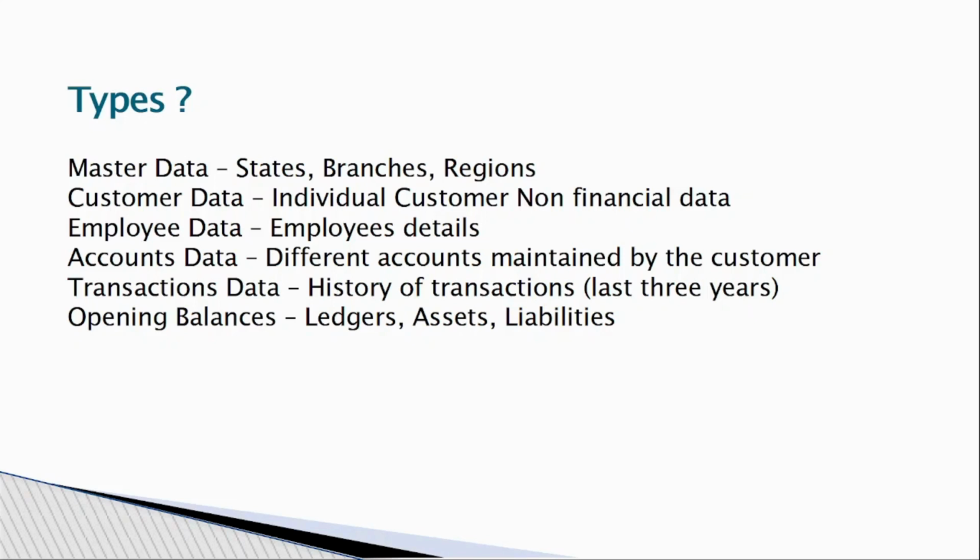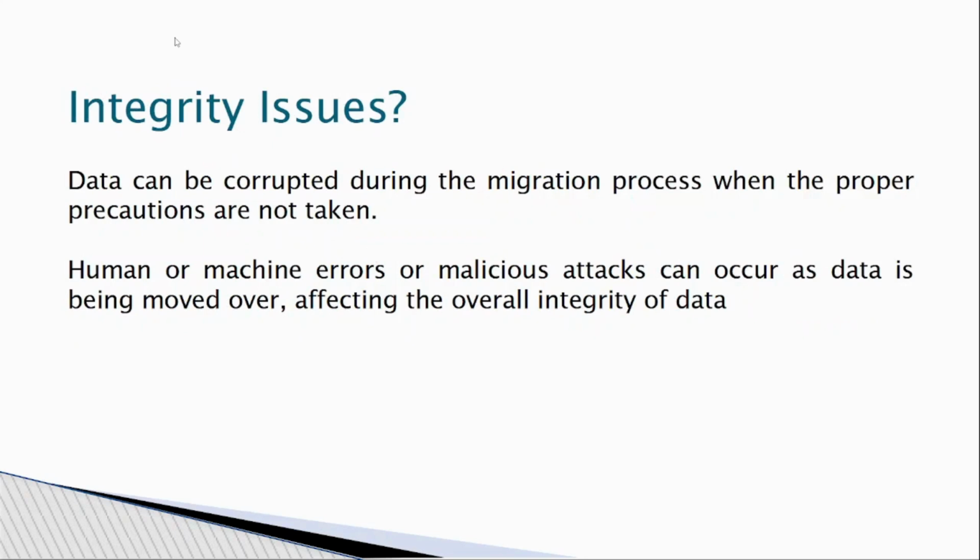Opening balances, ledger balances, assets balances, liabilities balances, or account balances, all these opening balances will be migrated from Andhra Bank to Union Bank. Once it is migrated, you can see all the information in Union Bank.